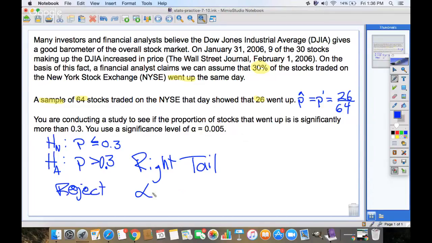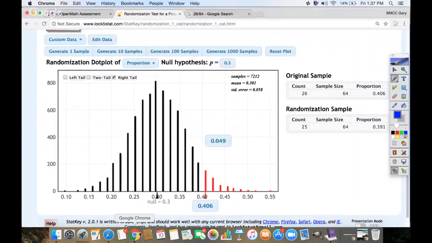An unusual event means that your alpha, your significance level, is going to be bigger than your p-value. And in this case, alpha is 0.005, and my p-value is 0.049.